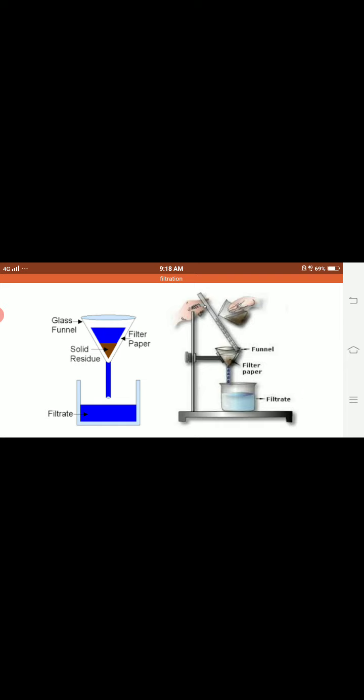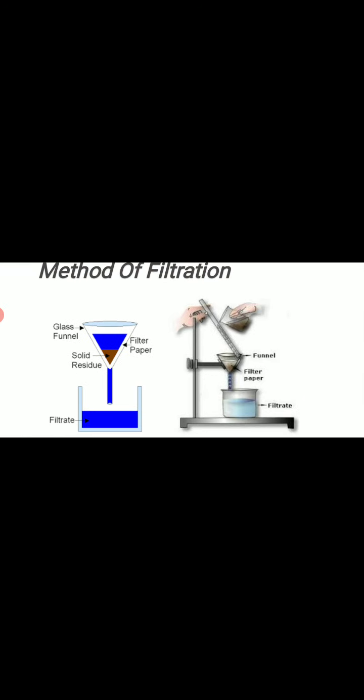In that process, we fit a funnel to a burette stand, and with the help of a glass rod, from one side we add our precipitate. The precipitate should not be added directly to the funnel because it can destroy the filter paper.